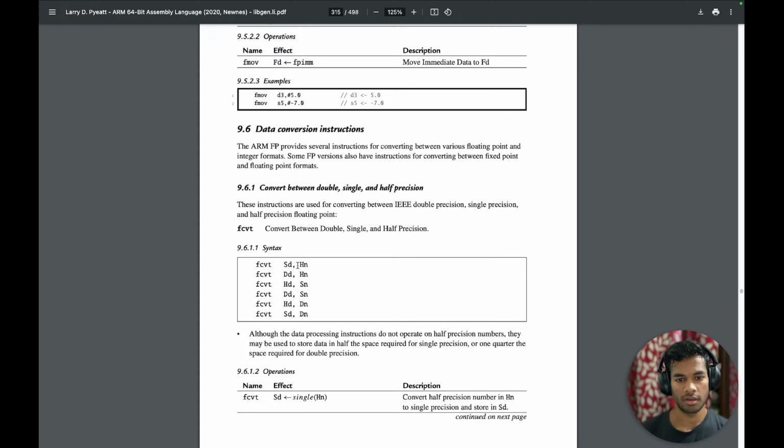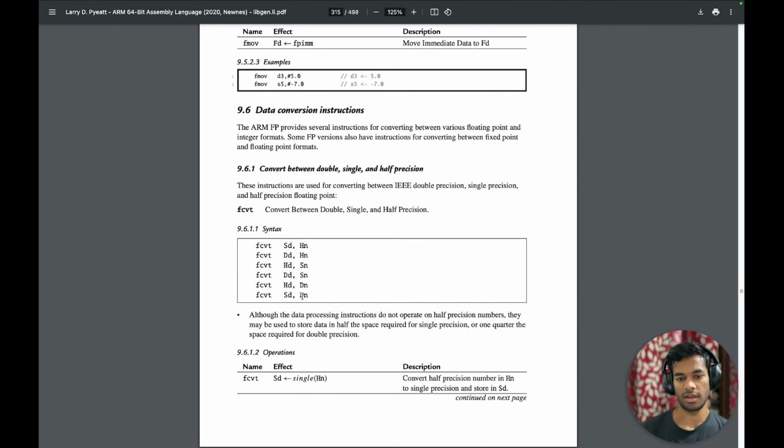So here, half is being converted to single, half to double, single to half, single to double, double to half, and double to single. So I can even convert a higher number to a lower number, but that would result in lost information.